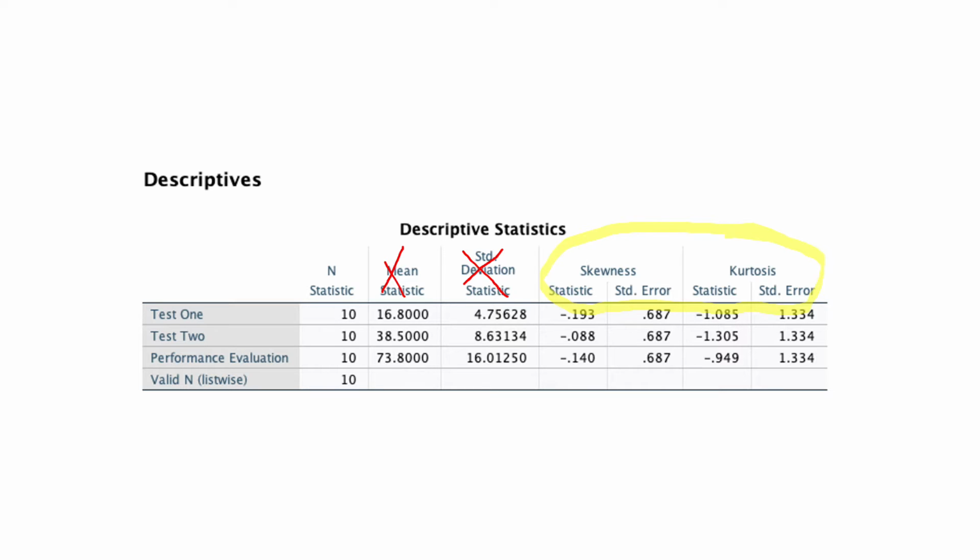Notice that none of these are outside the range of 2 plus or minus. So all of these are within the range of normal, even though they show that they're negative. Distribution is very forgiving. So these are all considered within the range of normal.